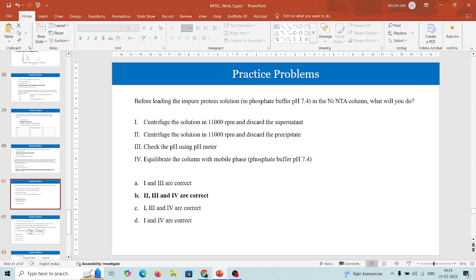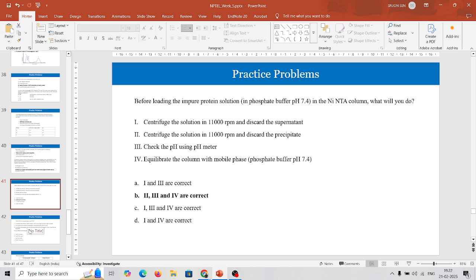Now there can be two things. Whatever you are telling is also correct because the protein can be in the supernatant, but if your protein is in the impurity, then in an ideal scenario they have not provided both 1 and 2 as correct in the options. Because what we usually do is that first we do not discard anything, because this discarding thing is very dicey. You never know where your protein will come. Your protein can be in the precipitate, can be in the supernatant.